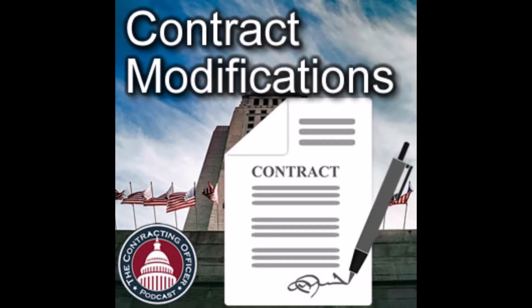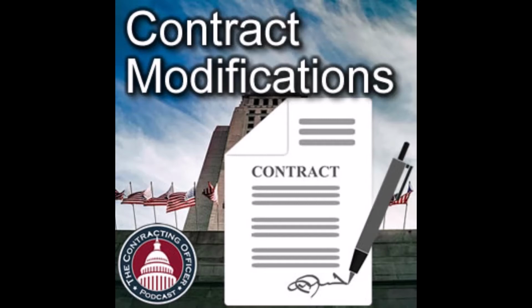So one more thing before we leave FAR time. We talked a little bit about unauthorized commitments. How do you prevent unauthorized commitments from happening? So 43.103(a) is where it says, if the contractor thinks that somebody in the government has told them to change something in the contract and it didn't come from the contracting officer, it came from somebody else in the government, the contractor is required to notify the government in writing and say, hey, I think there's a change here, so that the government can come back and say, oh yeah, you're right, that is a change, go ahead and do it and give me a proposal for it.